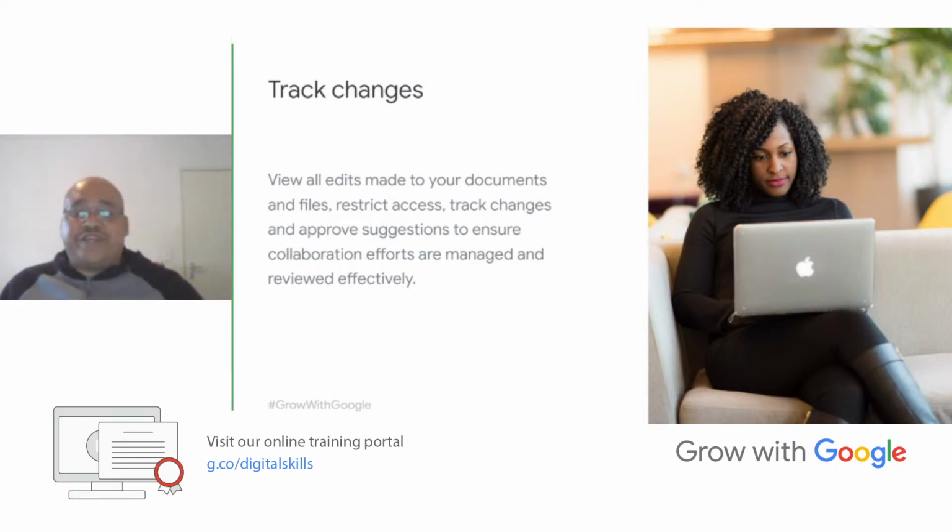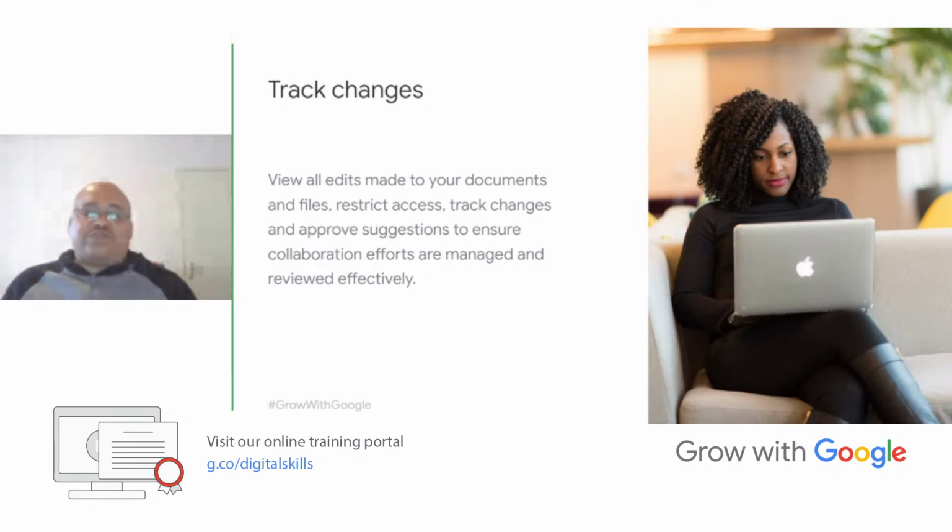You can also revert to a previous version if some of the changes that you made are not up to your standard. Google Workspace enables you to view all edits made to your documents and files, restrict access, track changes, and approve suggestions to ensure collaboration efforts are managed and reviewed effectively.